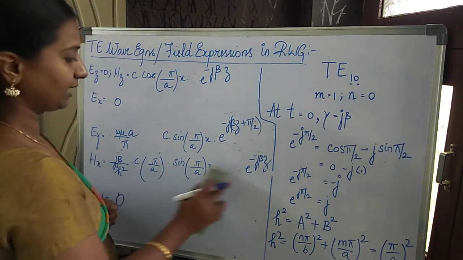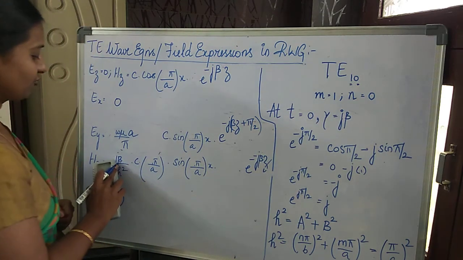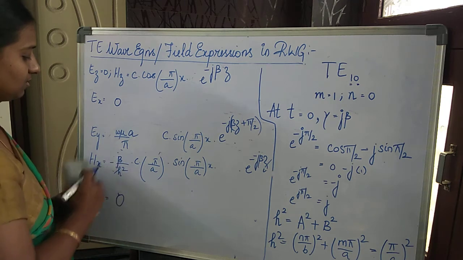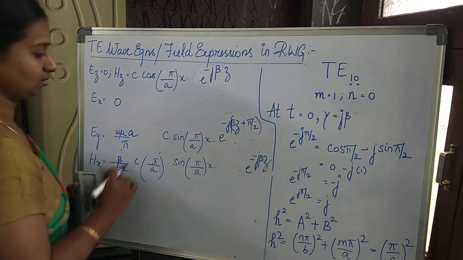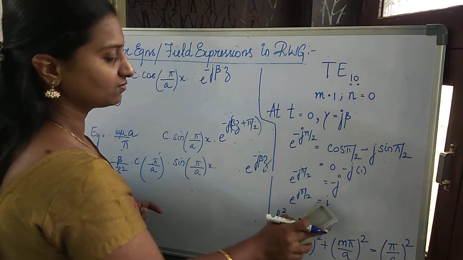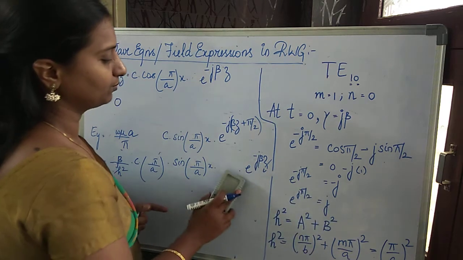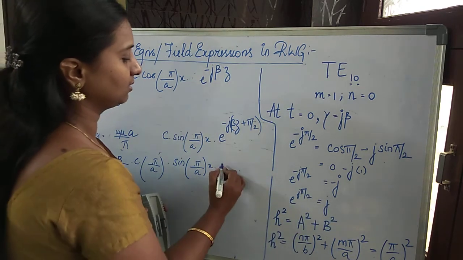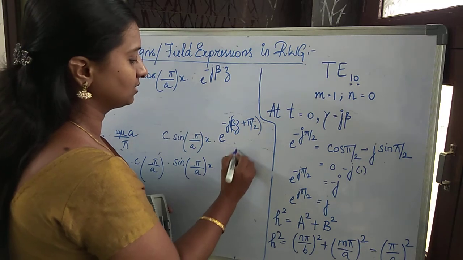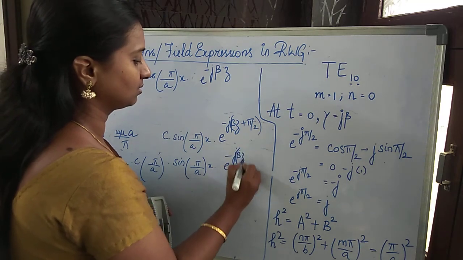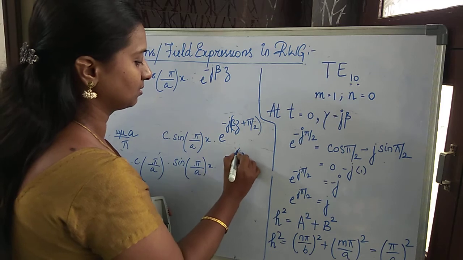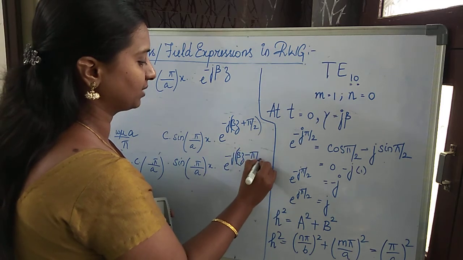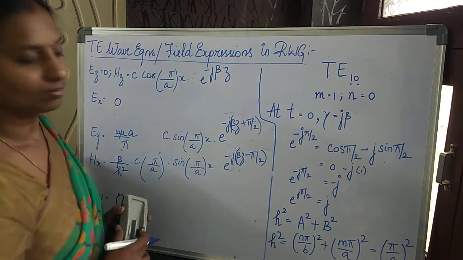Okay, and instead of j, put e power j pi by 2. So I'll be having e power minus j beta z minus pi by 2. Fine.